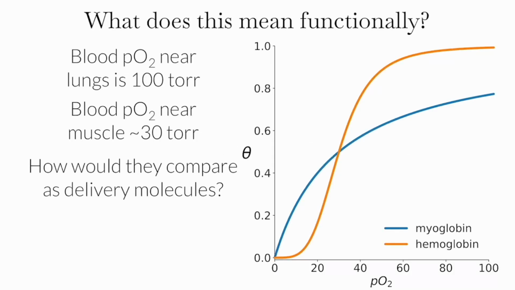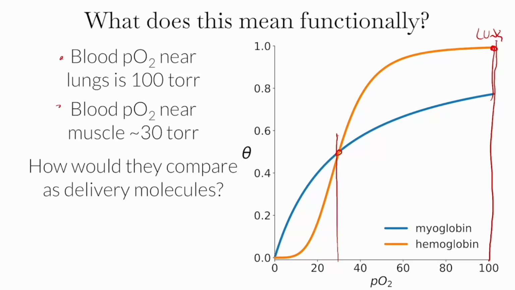So first, let's do it functionally. What does this mean? So if you look in somebody's blood, the blood near their lungs has a level of about 100 torr. So this is the concentration of oxygen or the partial pressure of oxygen near your lungs. The partial pressure of oxygen near your muscle is around 30, so it's right around here.